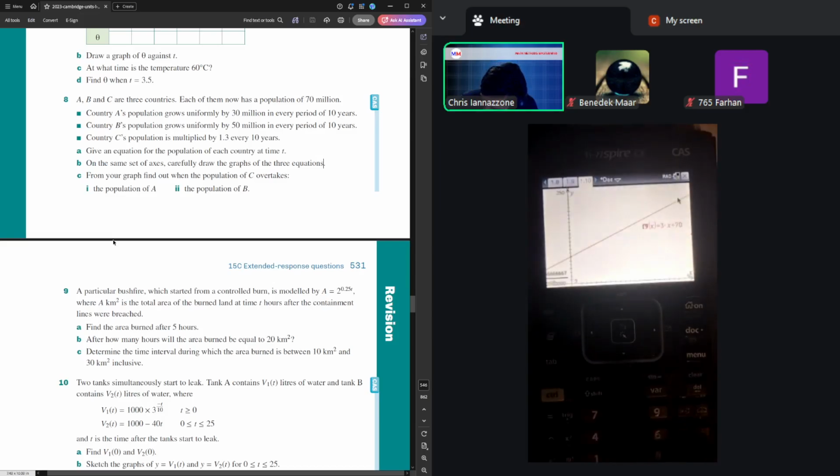Yeah, that sounds about right. Next up was the 5x plus 70, which we'll expect obviously will grow rapidly, faster than the other one. And then lastly we'll have 70 times 1.3 to the power of x over 10.